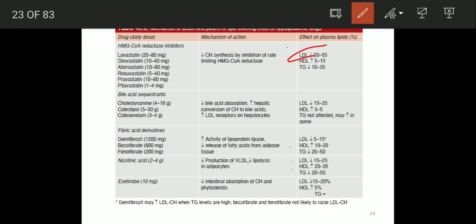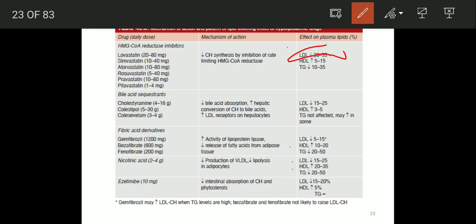So LDL is decreased 20 to 50%, so LDL is majorly decreased. Other groups are also decreased, LDL, HDL, but I am talking about the significant decrease in a particular lipoprotein or cholesterol.